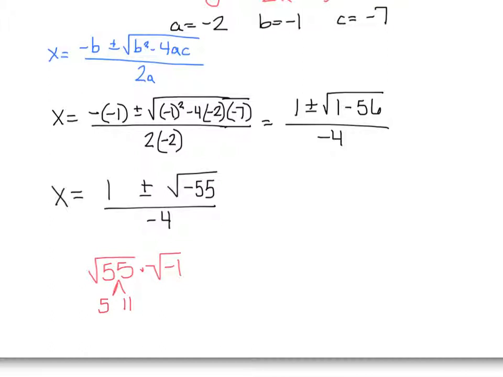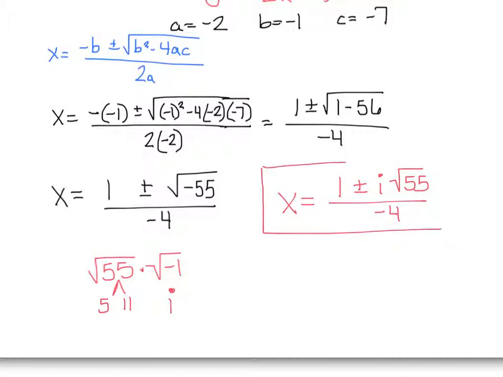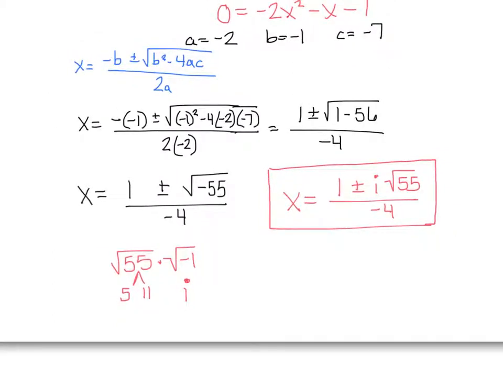No. So square root of 55 stays, but what does the square root of negative 1 become? i. So our answer will be x equals 1 plus or minus i square root of 55 all over negative 4. Those aren't like terms, so we can't combine them.